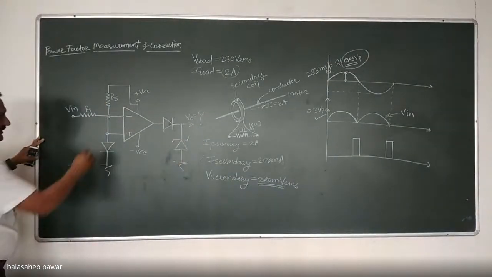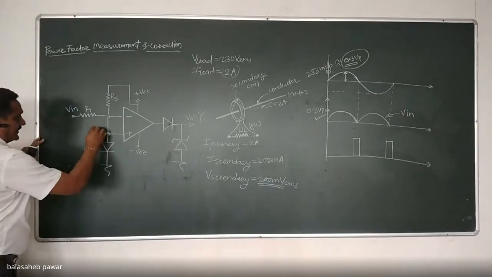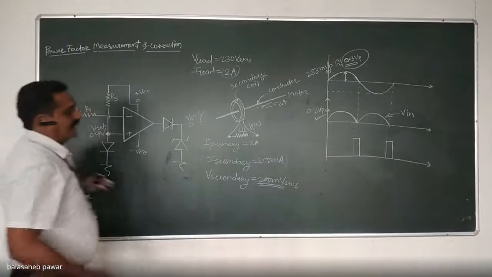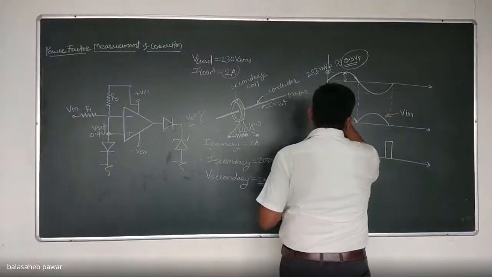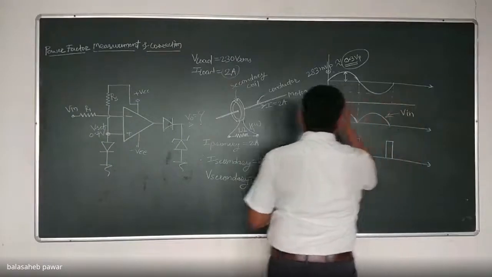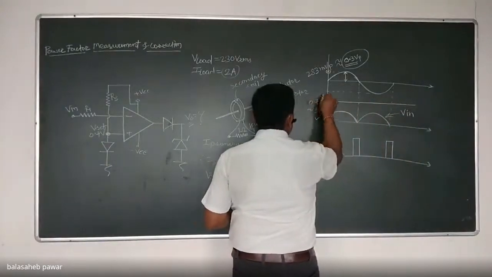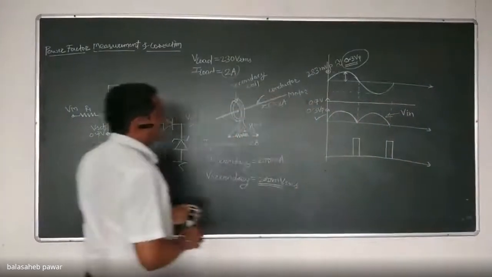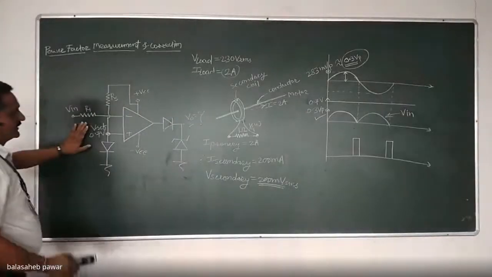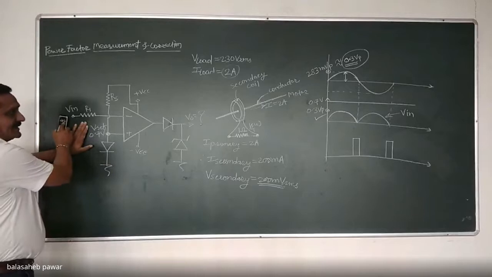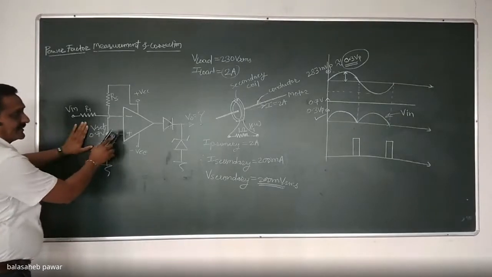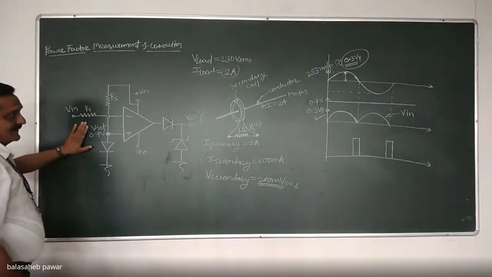No, because see this V reference, it will be 0.7 volts, and this is nothing but our V in. So that 0.7 volt will be over here. Is it? Yes or no? Even if that input signal is available or not available, this reference voltage is always greater than the peak value.